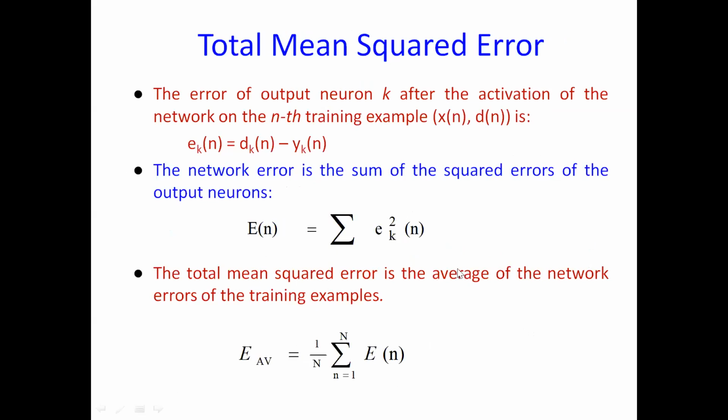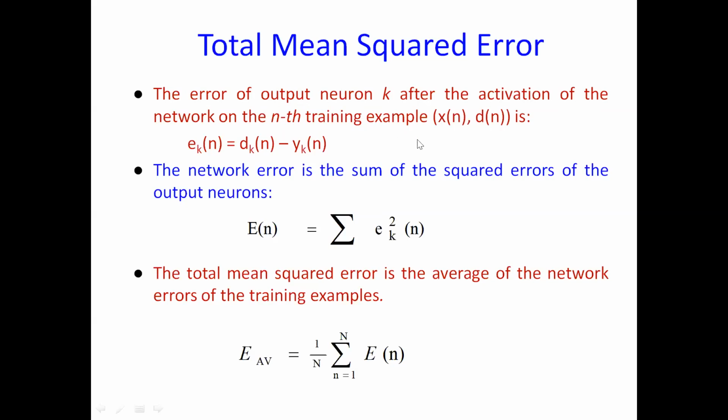Now, what I have just told, if you map that learning with this particular slide, you can find that this is the error of output neuron k after the activation of the network on the nth training example. That means n is the order of the current training example.